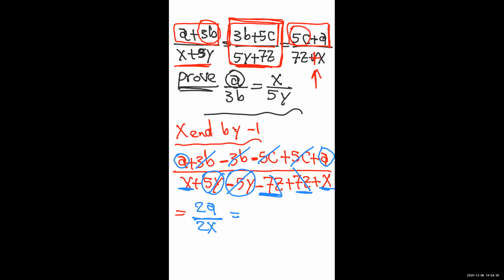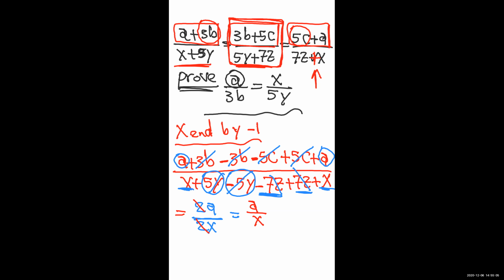So I'm going to remove this 2 by simplifying. So it will equal A over x. Okay, then check the other term. Here it was A over 3B equals x over 5y.